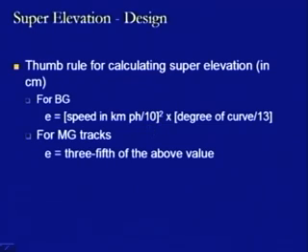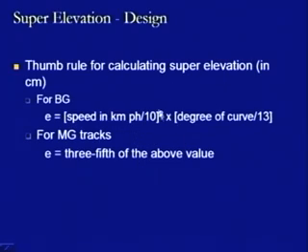So, 80 divided by 10 means 8, 8 square means 64, is to be multiplied with the degree of curve divided by 13. In the previous case, the degree of curve was 2. So, 2 divided by 13 means it is 0.1 something. So, it is to be multiplied with this one, and we will get the value in centimeters.